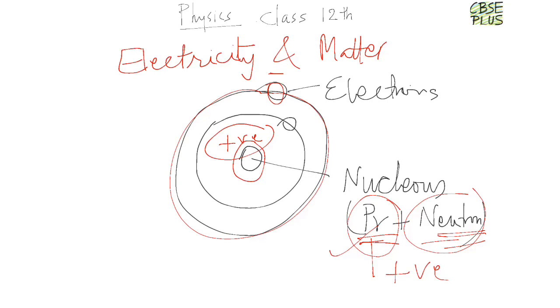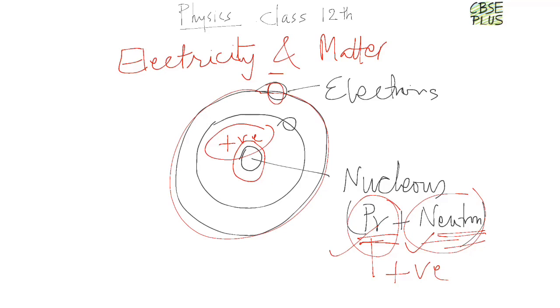Protons and neutrons have equal masses, and the number of protons and neutrons inside the nucleus depends on the element, which we will discuss in chemistry classes.